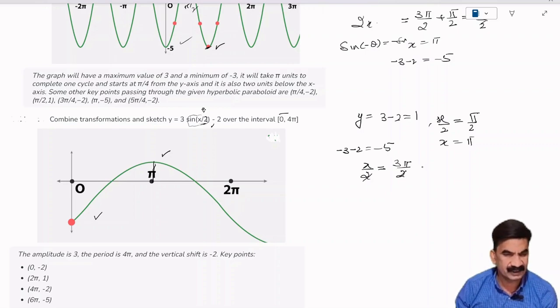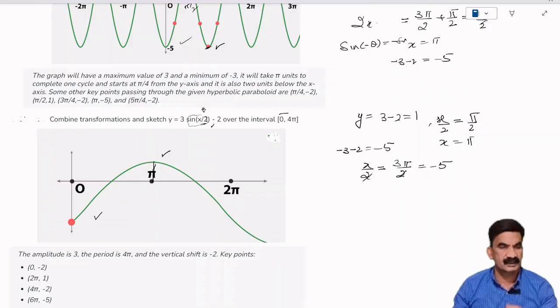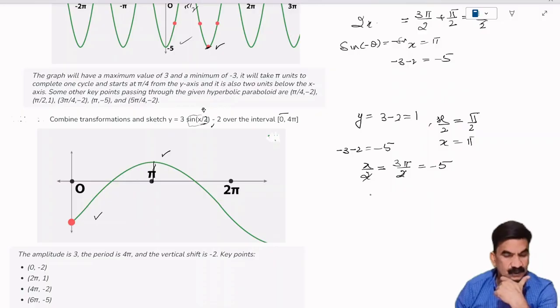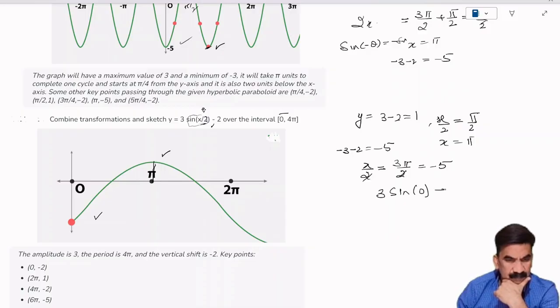So at x equal to 3 pi, y will be minus 5. What happens when I have x equal to 0? I will have 3 sin 0 minus 2. So I'm going to have minus 2. So this is where the graph is.